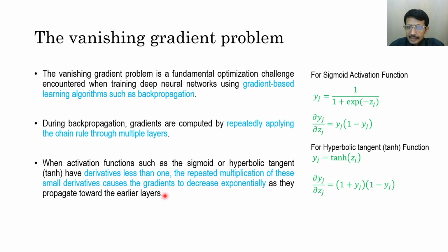So what we can understand is that since the derivatives of these activation functions are in general less than 1, and using the chain rule we keep on multiplying numbers which are less than 1, the gradient decays exponentially. When we go backward from the deeper layers to the earlier layers, and the number of layers is too high, so the network is too deep, the gradient of error decays exponentially.